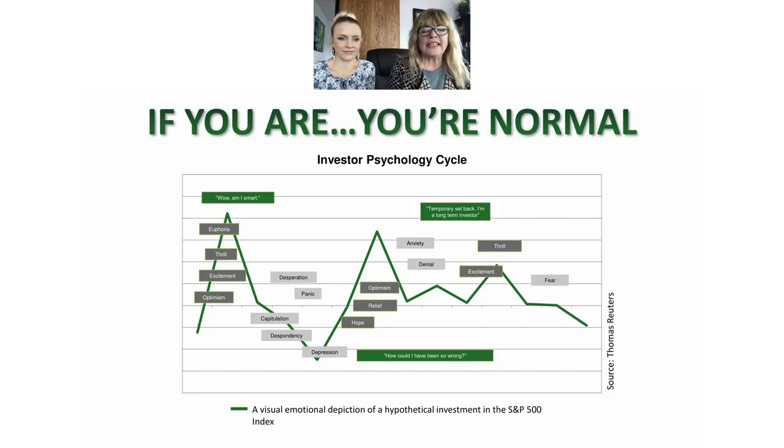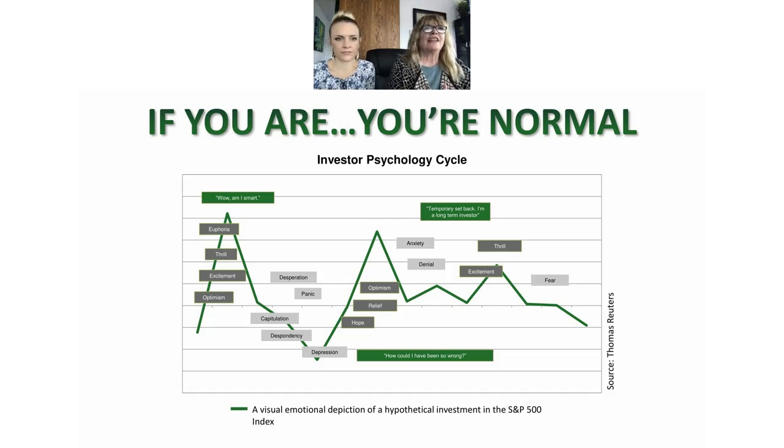Euphoria is the top, where everyone's going crazy, and you might peak out and have a downturn there. These are just some emotions; we're feeling despair and depression and all that, and then we're getting excited again. It's normal to do that, but you need to know this is all part of what's happening.